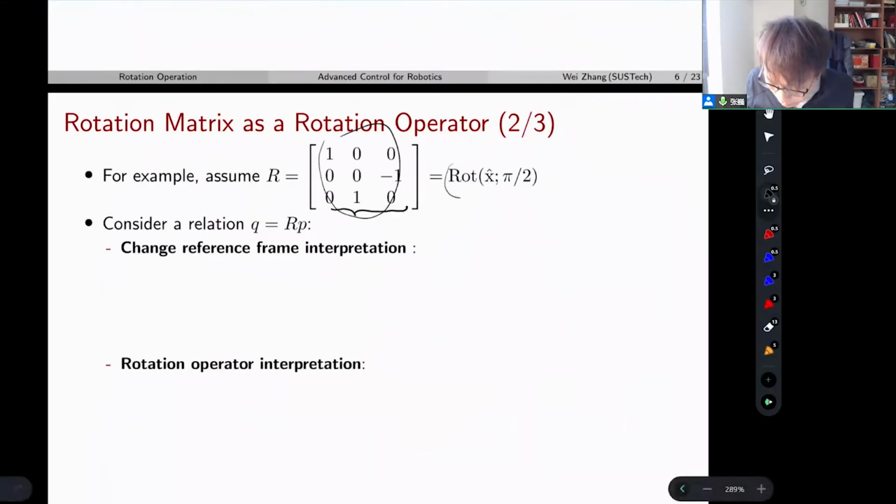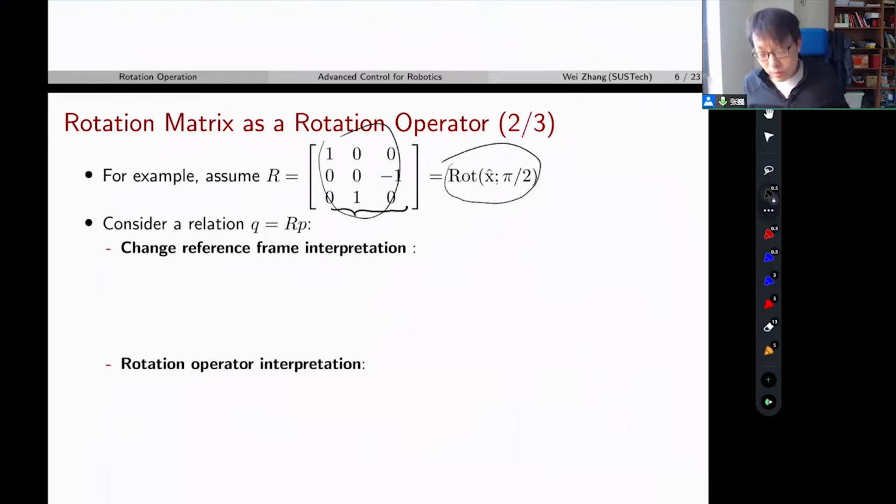I can also think about these numbers as an operator, an action. In fact, in this case, it's a rotation about the x-axis by half pi. Either way, there are different views of the same set of numbers. Let me repeat: the numbers are the same, but the meanings could be different. That's very important.